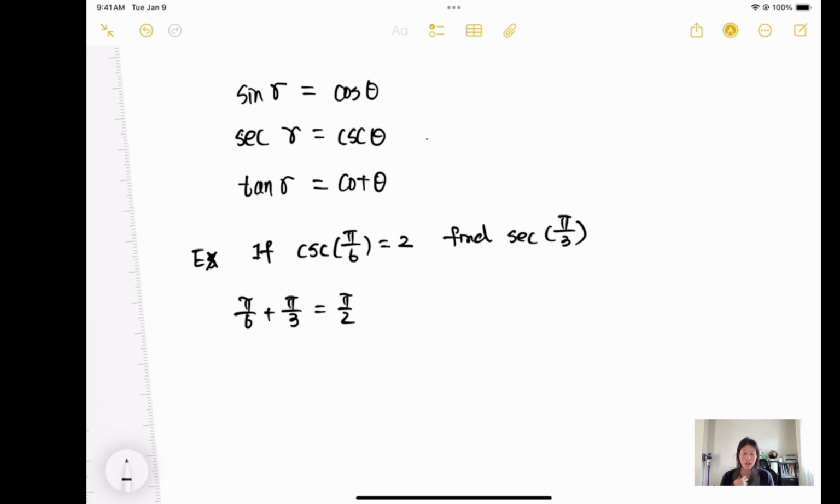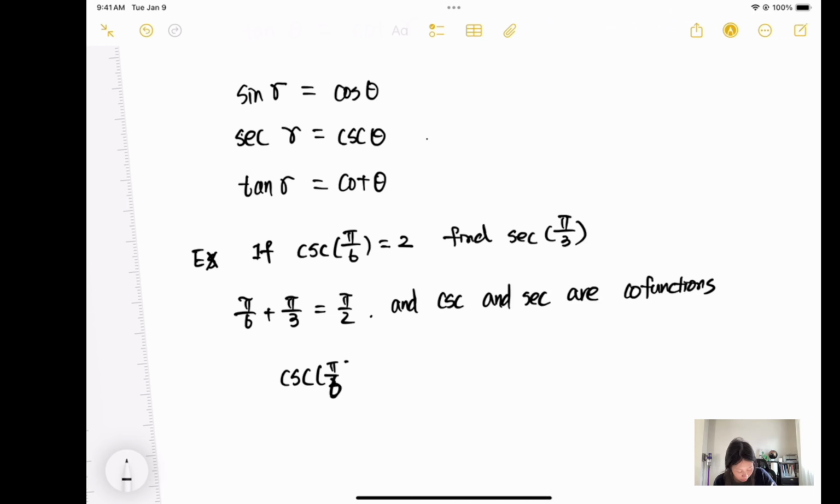That means these two angles are complementary angles, and cosecant and secant are cofunctions. Then we have cosecant pi over 6 equal to secant pi over 3, which is equal to 2. So that's how we solve it.